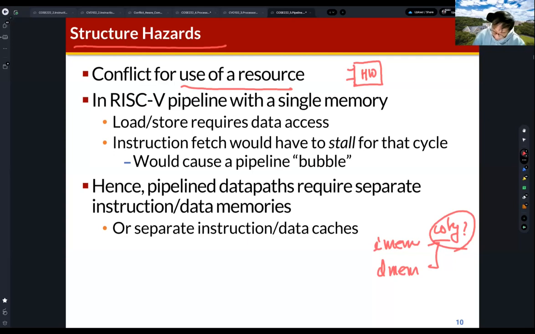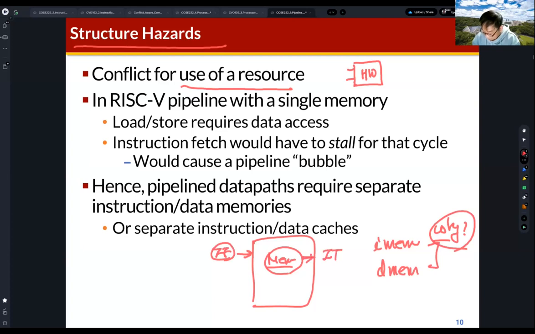If we use only one unified memory, then this memory is occupied by fetching an instruction. Firstly, this memory is used for instruction fetch.